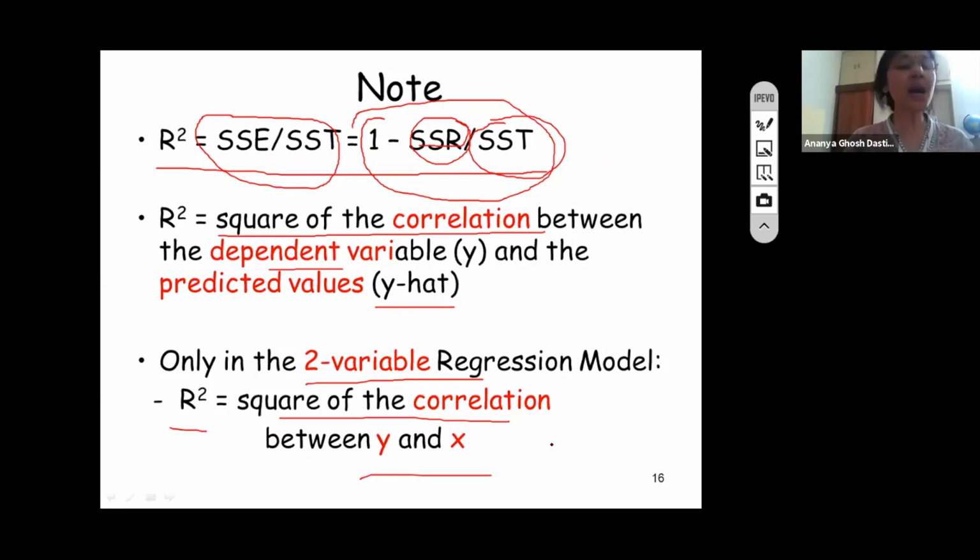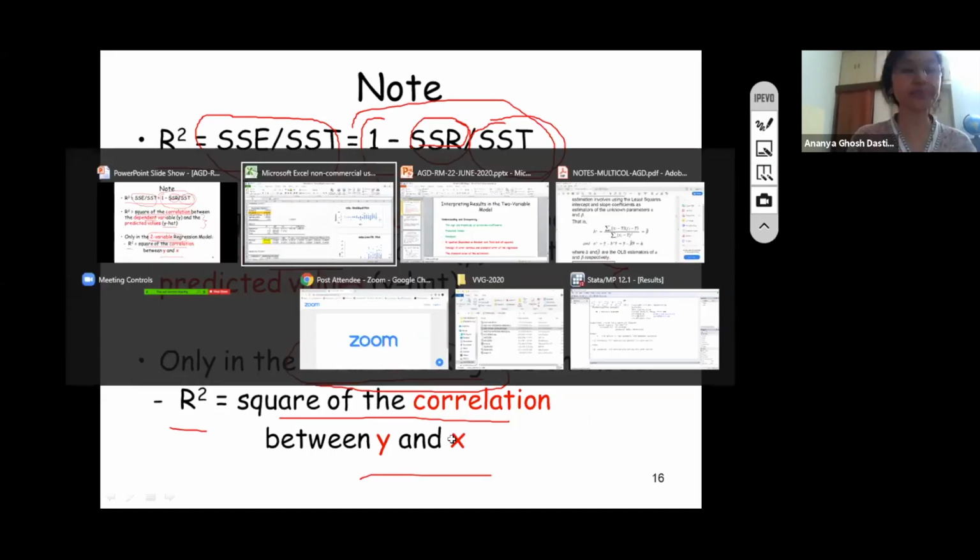So the model R squared is nothing but the squared correlation between y and x. But remember, this is only in the two variable regression model. Generally, the R squared is always the correlation between y and y hat. Since I've done this, let me show you, and I encourage you to take some data, use Excel, and check these out for yourself.